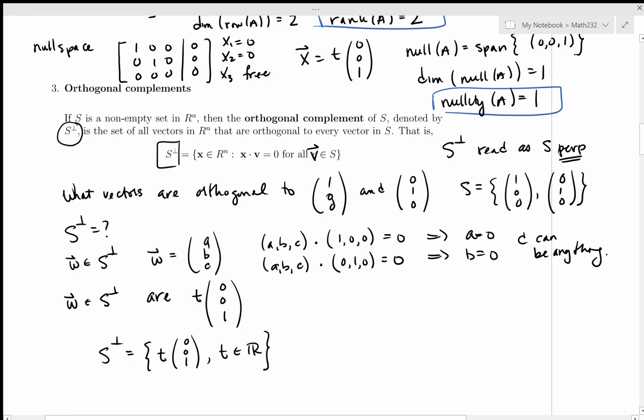All of these vectors here are perpendicular to this one and perpendicular to that one. And it is not a coincidence either that this orthogonal complement is exactly equal to the null space of this matrix.